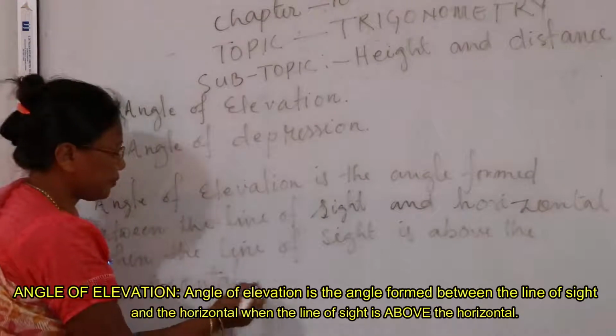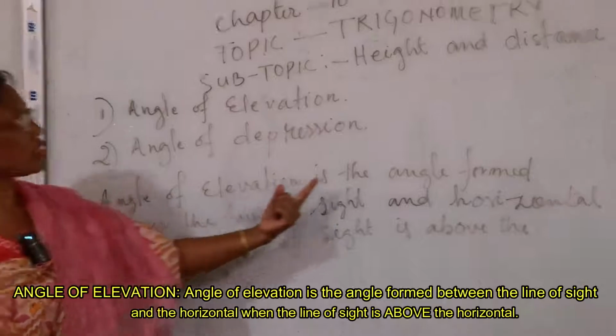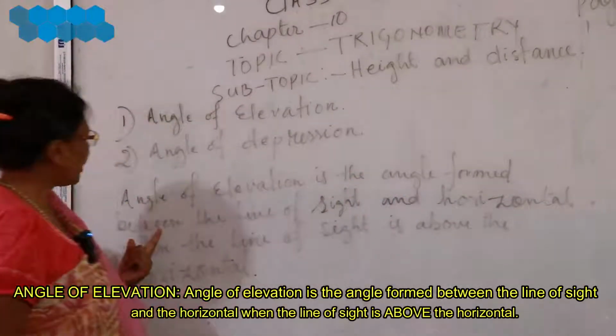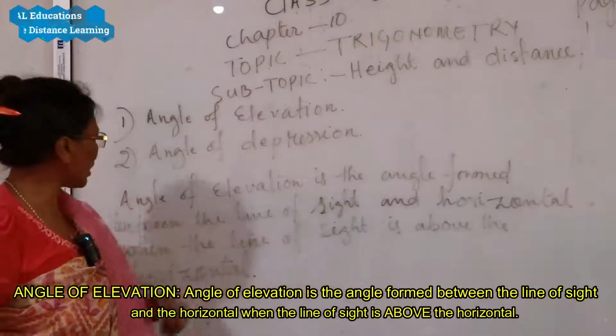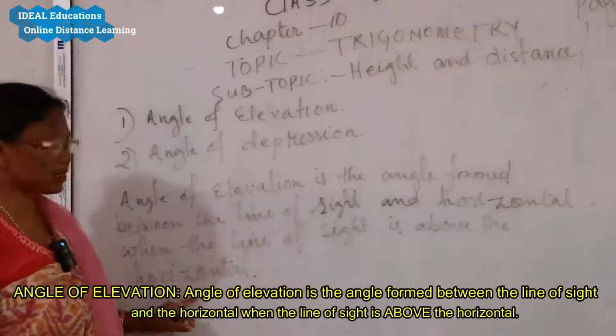Let me repeat once more. The angle of elevation is the angle formed between the line of sight and the horizontal when the line of sight is above the horizontal.